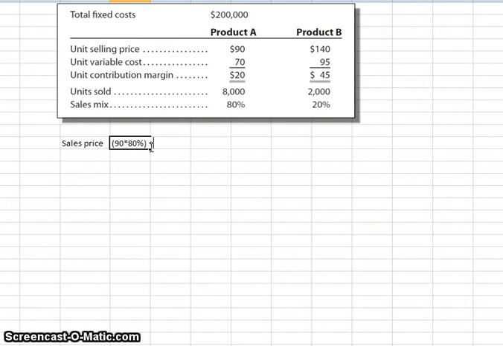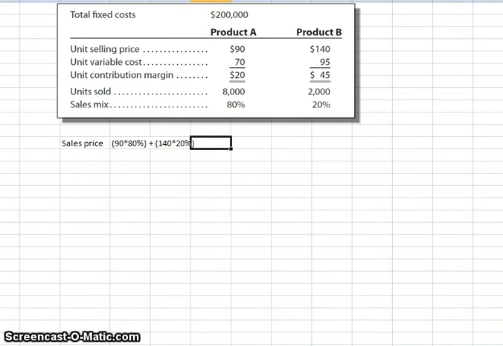And our sales price for product B is $140. And we sell about 20% of product B. So what we're doing is combining the two of these to come up with almost a new sales price.